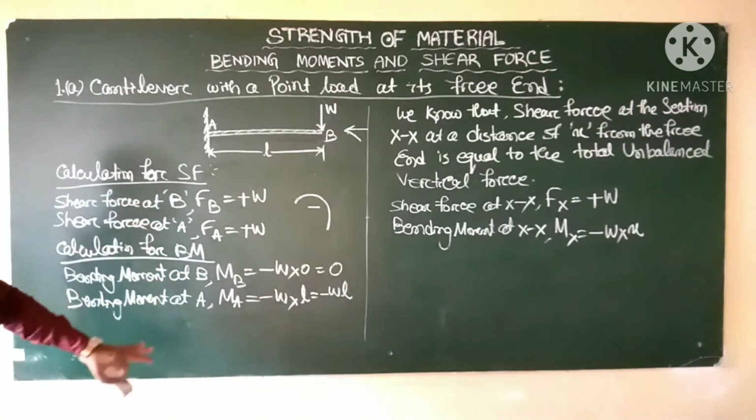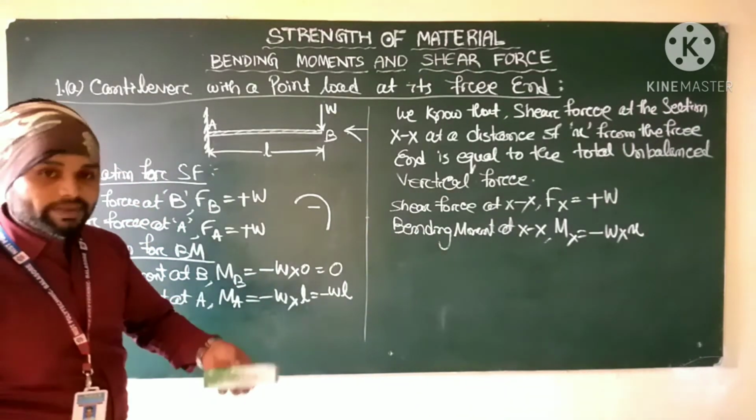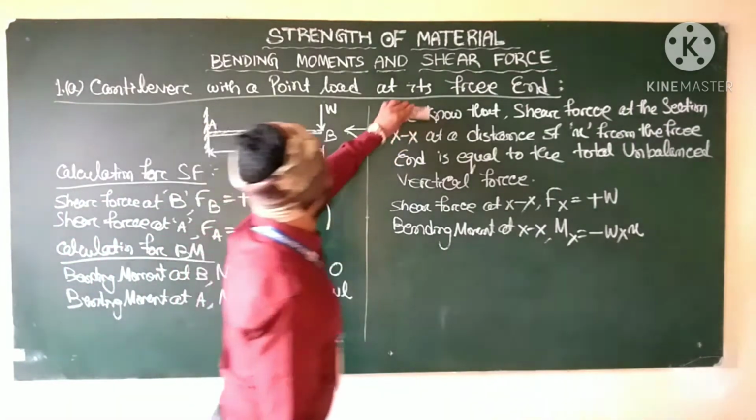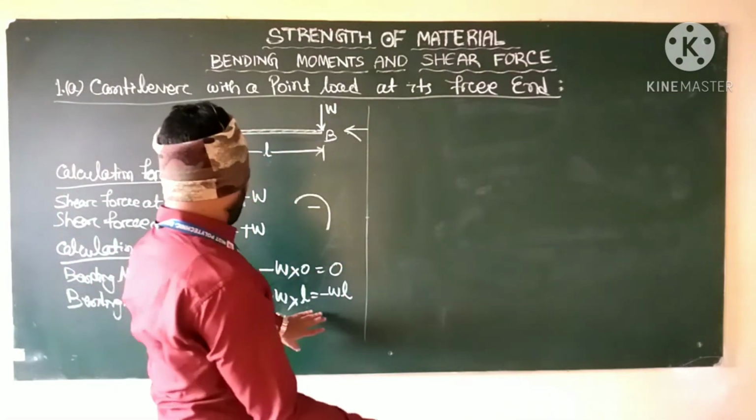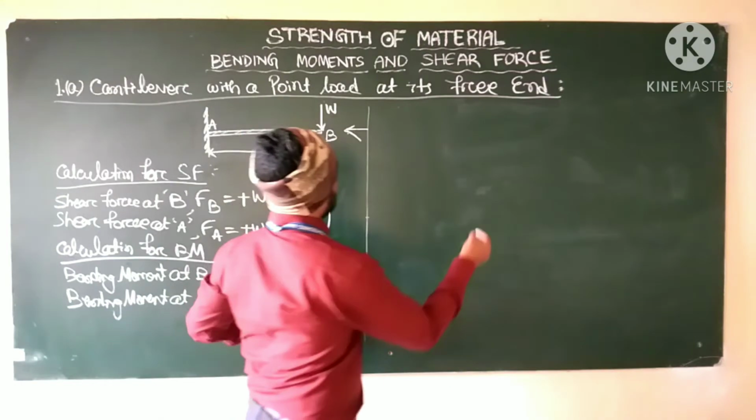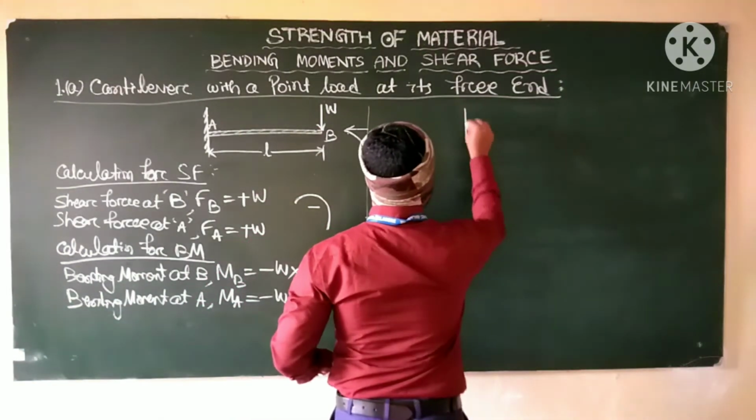Now from this calculation, we will draw the shear force diagram and bending moment diagram. Here we will see the right hand side shear force diagram and bending moment diagram. First we will draw the figure.